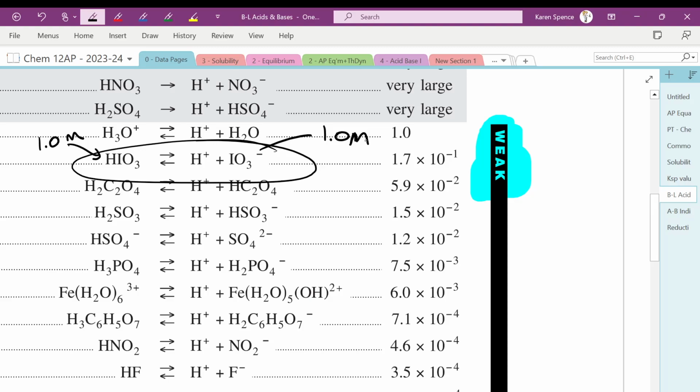Would it be a high pH or a low pH? It's going to be a low pH because what would the hydrogen ion concentration be at which we are buffering?